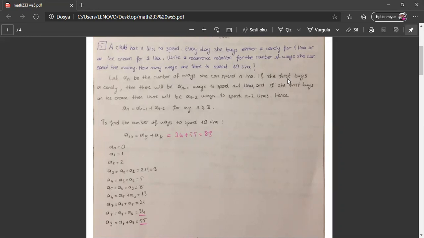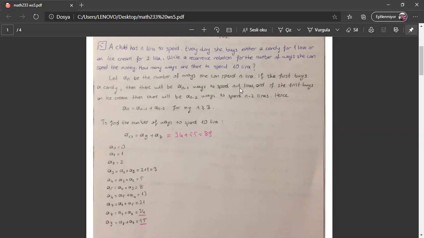And we know that if she first buys a candy, there will be n minus 1 lira, because a candy costs 1 lira. So there will be a sub n minus 1 ways to spend this remaining money.